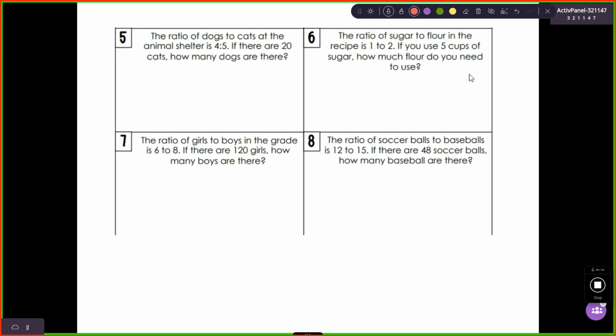Take one sentence at a time. You know you need to create a ratio table. Dogs to cats. D and C. Fast and efficient, abbreviate. Dogs and cats. If there's dogs and cats, now we're going to have a total amount of animals. So put a T.